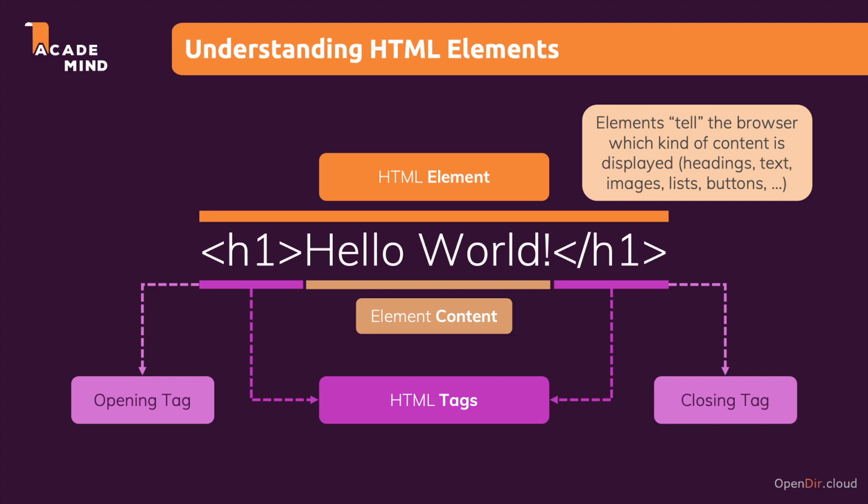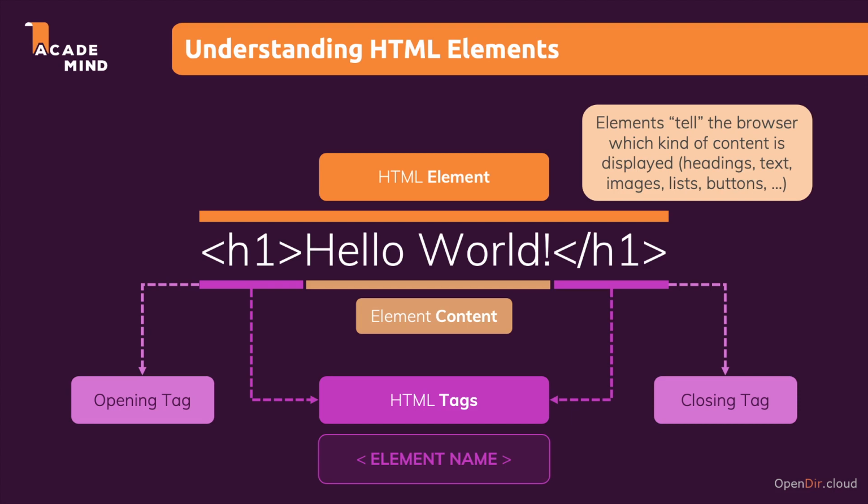Now, if we take a closer look at those tags, we can also split those up even more. There we have those angle brackets, less than and greater than. And between those angle brackets, we have the so-called element name. And that's another official term which you might want to memorize. So in this case, h1 is the element name, hello world is the element content.